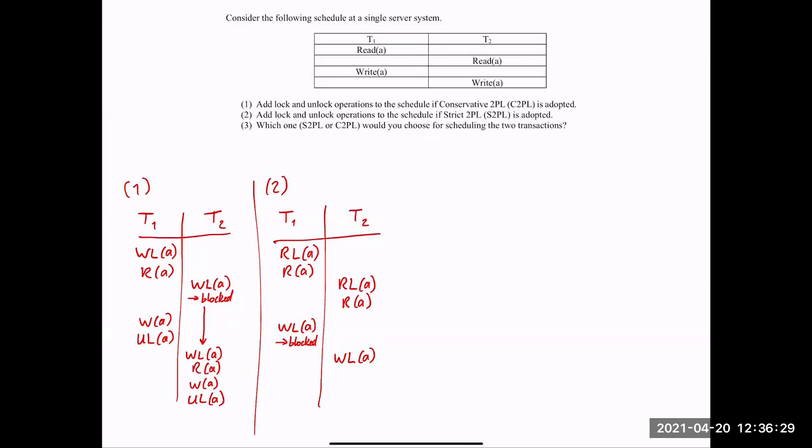Well, it can acquire a write lock only if no other transaction currently holds any kind of lock on A.